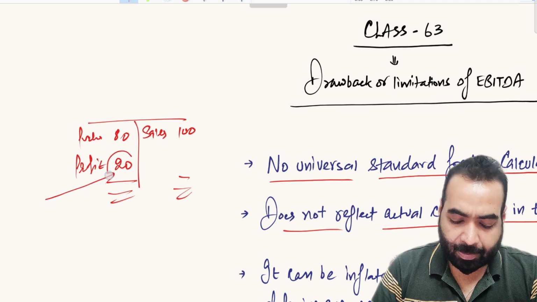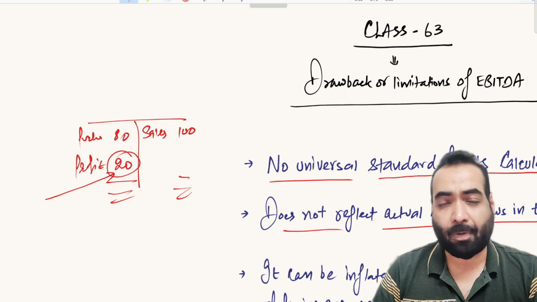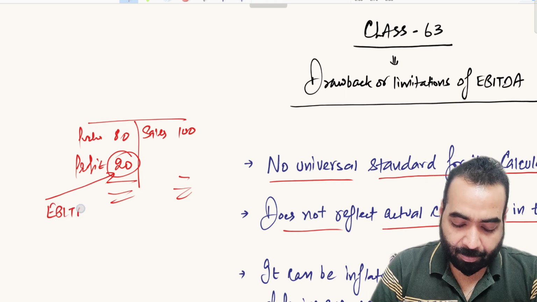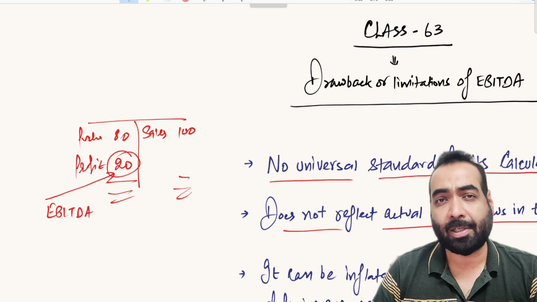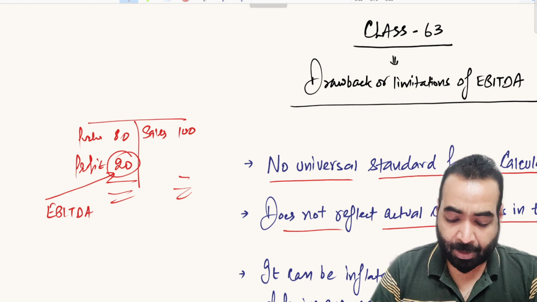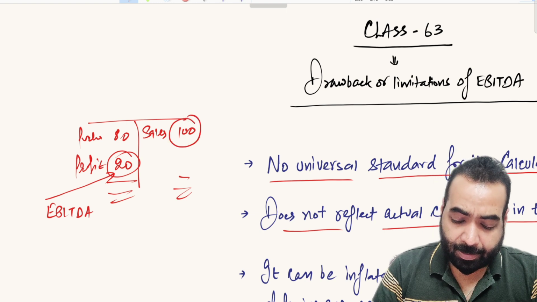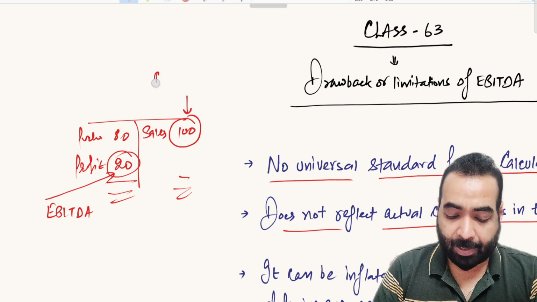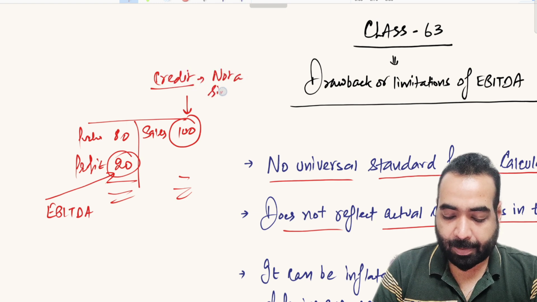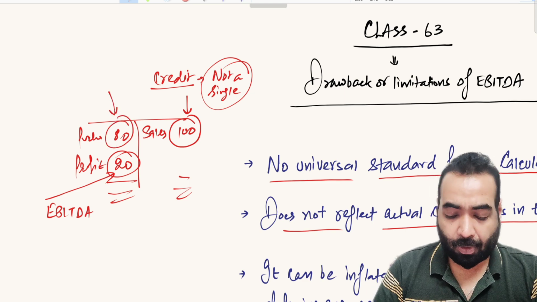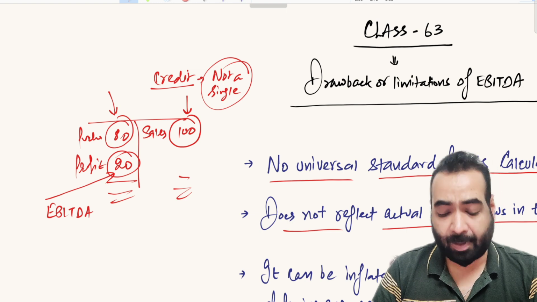You will say that this 20 rupees profit, which is obviously before tax, represents my EBITDA, because there is no depreciation, amortization, non-cash expense, or extraordinary items. So this is as good as EBITDA only. What if I tell you that this whole 100 rupees sale is done on credit, and not a single rupee has been recovered yet, and no amount has been paid on the purchases either? All these amounts are presently recoverable and payable.